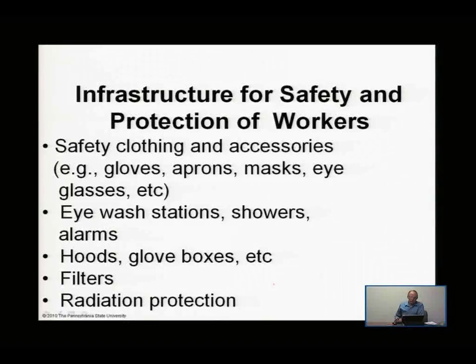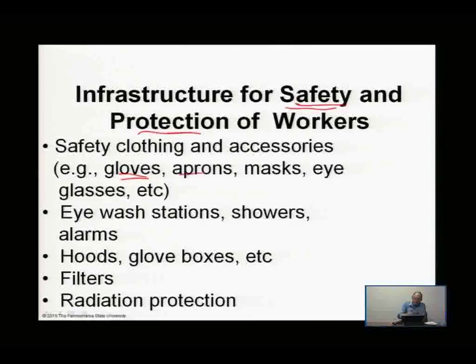And then you also have to worry about having infrastructure that makes sure that the workers are safe and protected. So you have to make sure the clothing also serves to protect the workers. So the gloves have to be designed for the situation. If you're doing chemical work with dangerous chemicals, you need to wear heavier gloves.